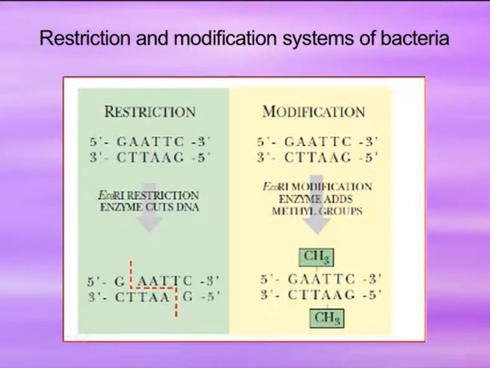On the other hand, the modification is catalyzed by certain methyl transferase enzymes which add methyl groups to the specific bases present in the recognition sequence. So, the restriction endonuclease and the methyl transferase together constitute the restriction modification system of bacteria.